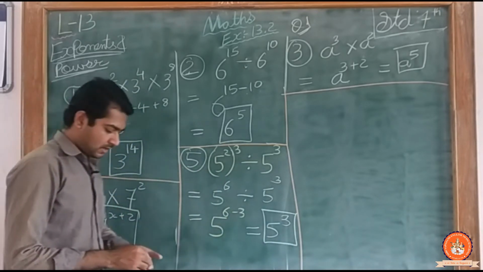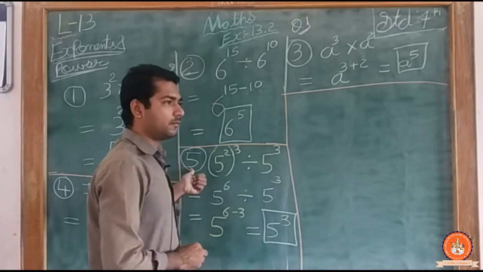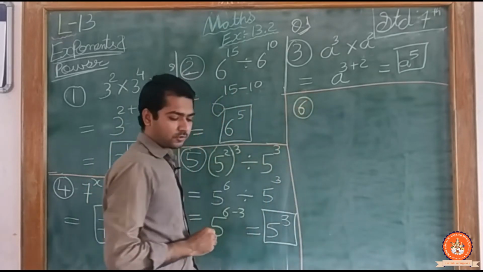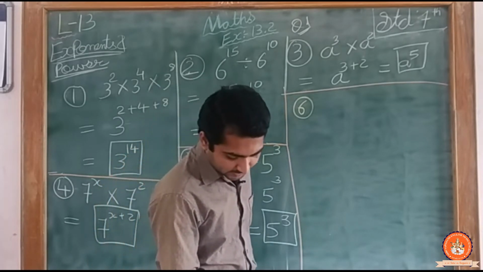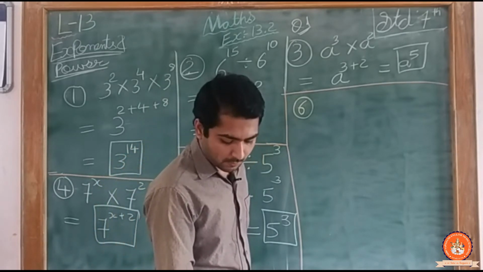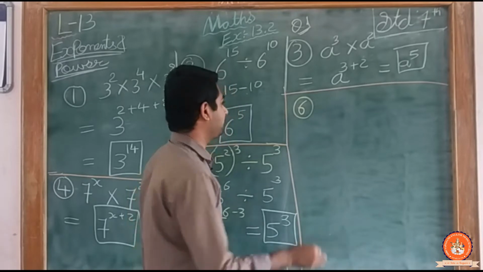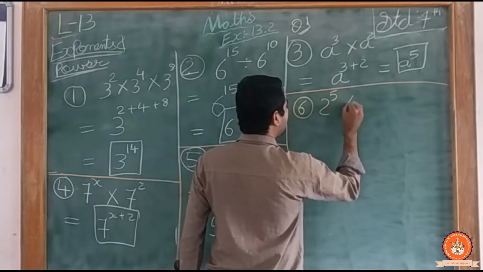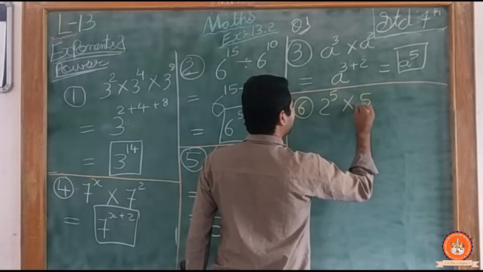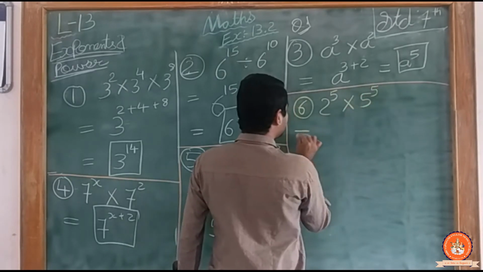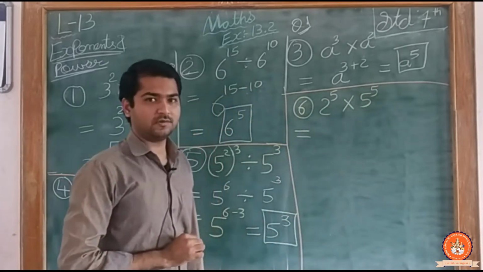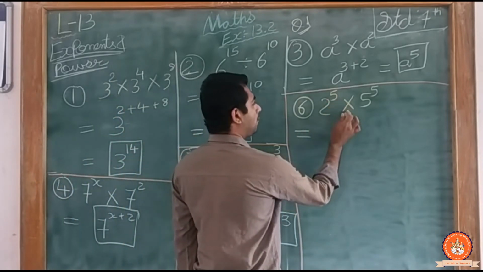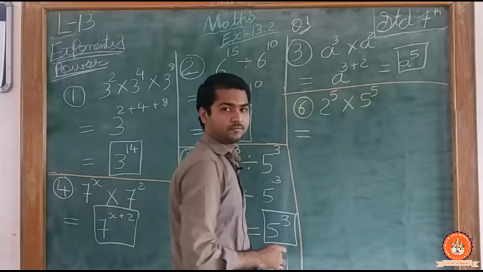Clear students? Now coming to question number 6. Question 6 is 2 raised to 5 multiplied by 5 raised to 5. It is a very important question. This is our formula number 4, which I explained in the last video: a raised to m multiplied by b raised to m.